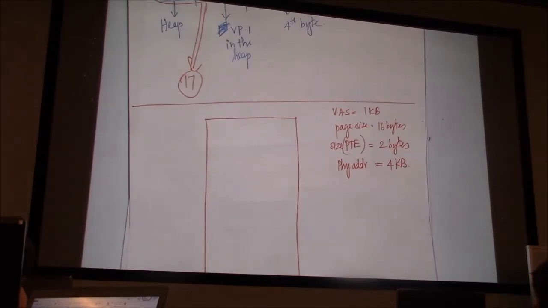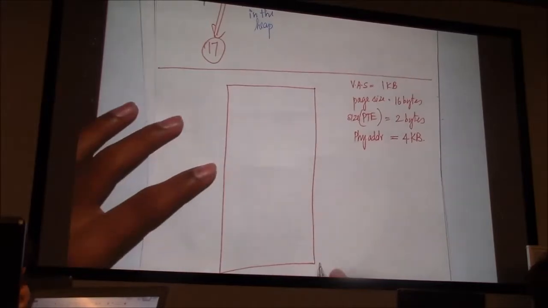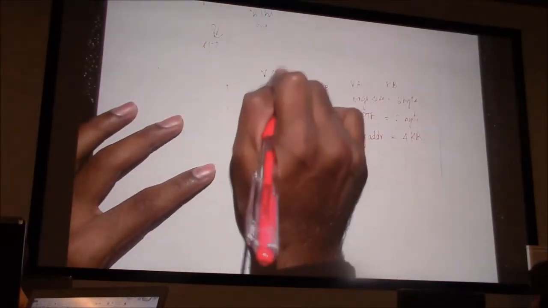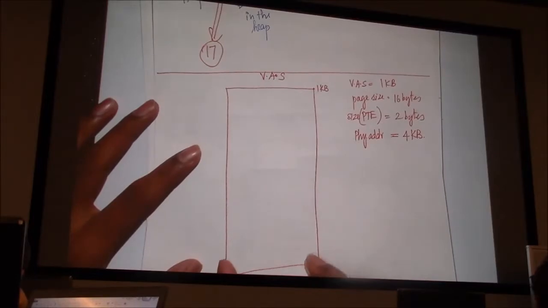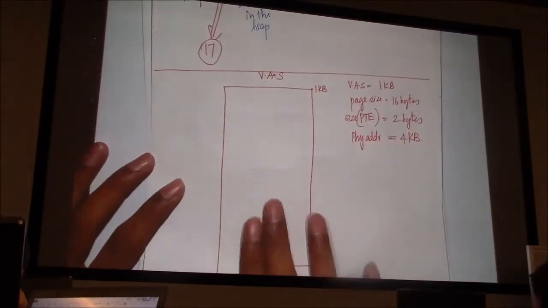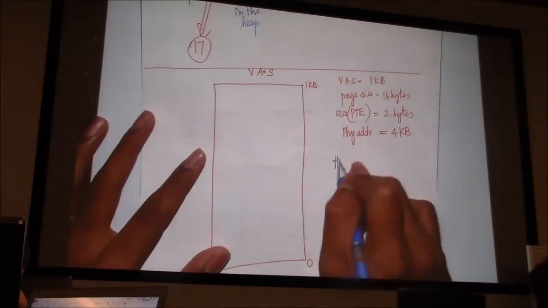So in this case, if we have, let's say, 0 to 1 KB of virtual address space, this is the virtual address space that we are talking about. Now we know that we can split this. The first point is how many virtual pages are in this virtual address space. So that's what I will start with.